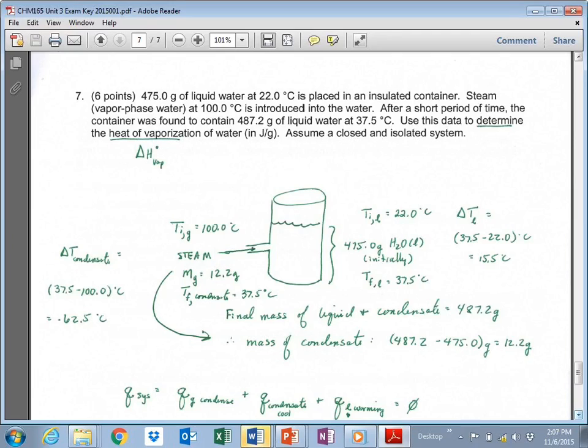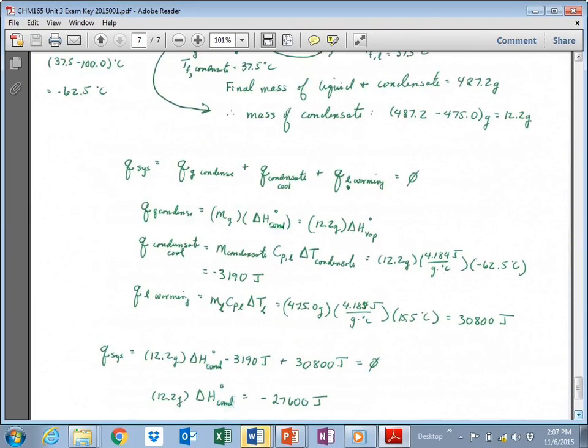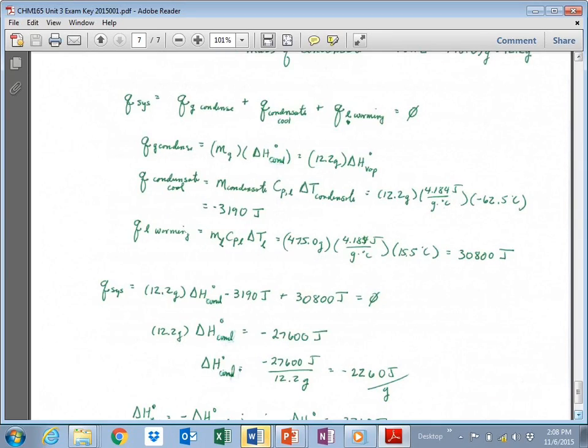So that's the approach I did for that one. Notice in this case, if it's isolated, those three terms added together equal 0. And so the thing that you don't know is the heat of condensation, the delta H_COND.